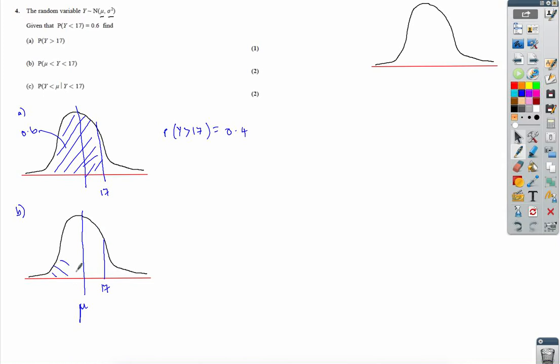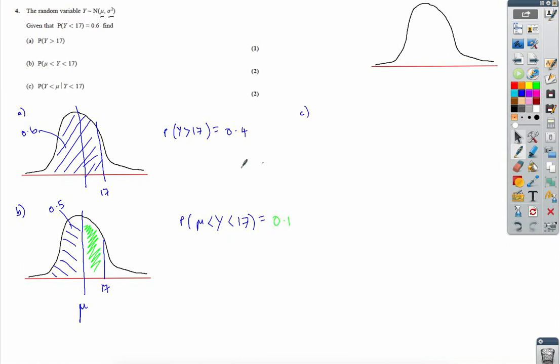You know that this area here, because it's half, is 0.5. So the probability that it's in between the mean and 17 is basically the little sliver in between. If that whole thing is 0.6 and that is 0.5, that must leave you with 0.1.